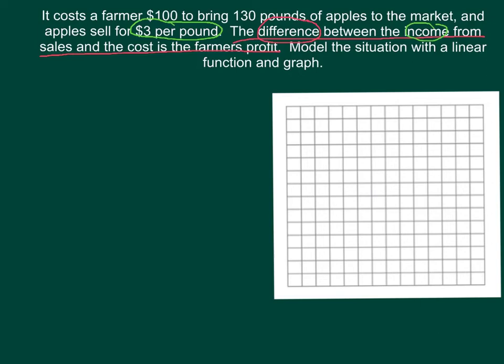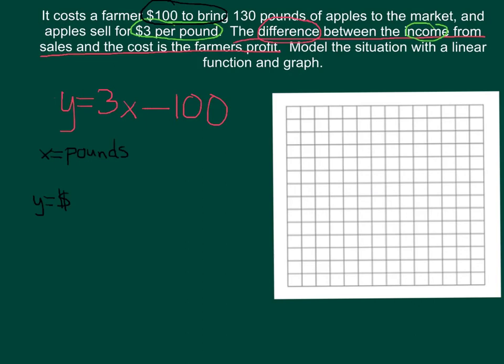Well, it says here it cost the farmer $100. So, y equals, so his income is $3 per pound, but he had to spend $100 of his own money. So before he gets to the market, he's actually in the hole $100. He's negative $100. And then he's going to sell a lot of apples to then make a profit.